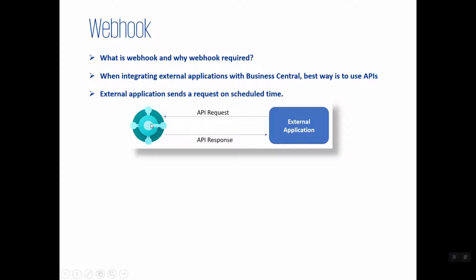It doesn't know whether a customer got deleted or not. They just send a request and get the responses. So performance wise, this is a bad way of doing it.